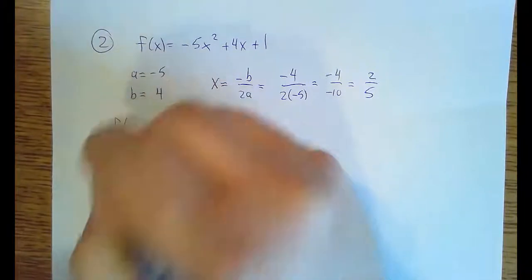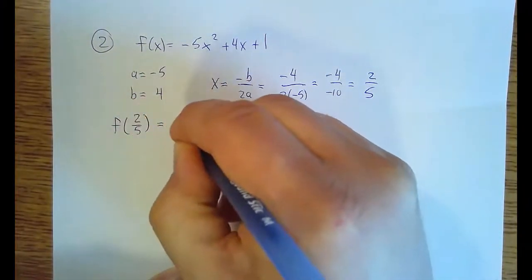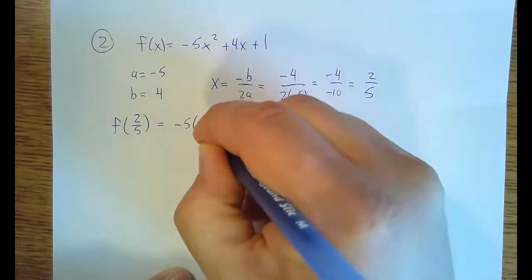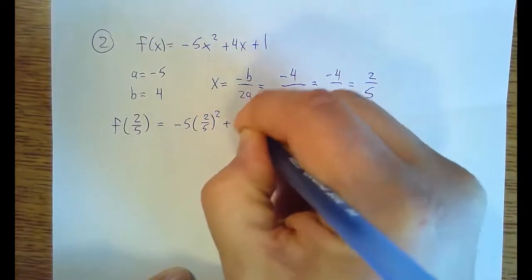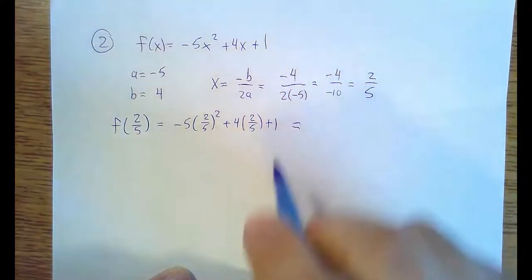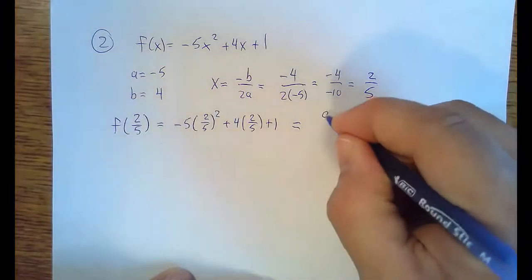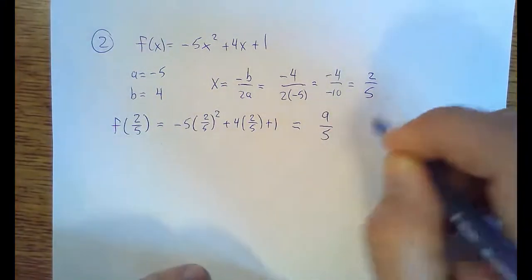Again, to find the y coordinate, we would plug in 2/5 into the function. This would give negative 5 times 2/5 squared plus 4 times 2/5 plus 1. And when we multiply this all out and simplify, this will reduce to 9/5.